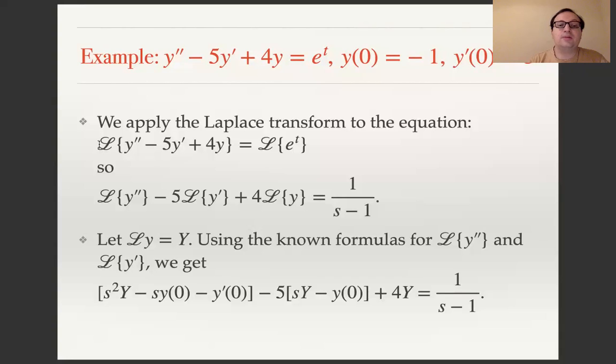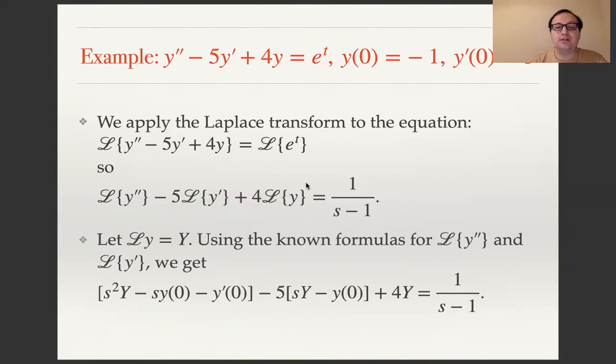So let's use the Laplace transform to solve this equation. We apply the Laplace transform to the equation, meaning the Laplace transform of the left-hand side is equal to the Laplace transform of the right-hand side. By linearity, the Laplace transform of the left-hand side is the Laplace transform of y double prime minus 5 times the Laplace transform of y prime plus 4 times the Laplace transform of y.